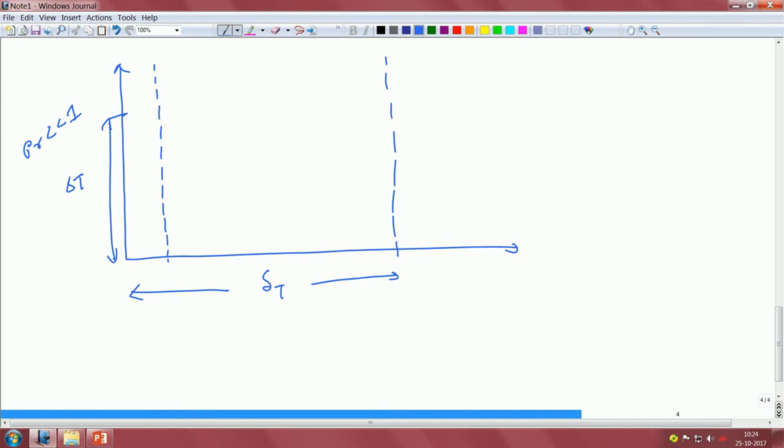So, it comes down like this, kind of like that. Got it? This is basically a balance between inertia balancing buoyancy. Inertia balancing buoyancy. We have not said anything about the velocity scale though.